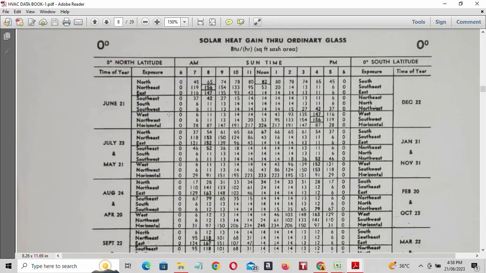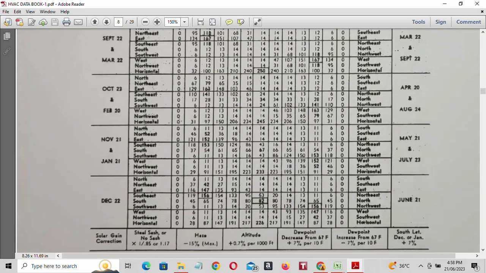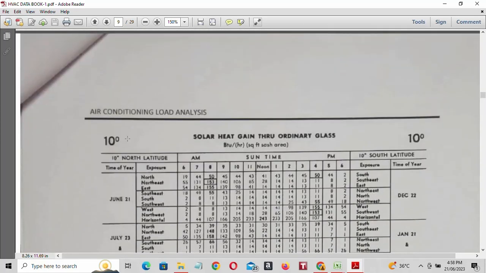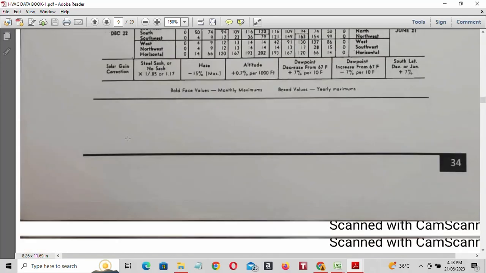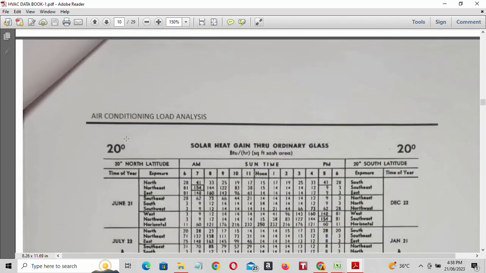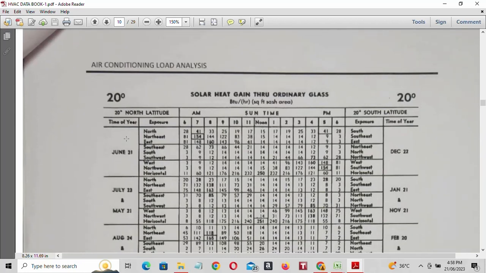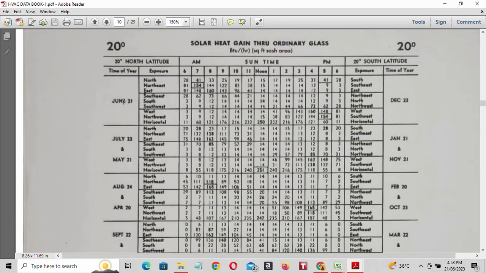Our Bangalore latitude is 12.6, so we have to check for 12.6. Here 0 is there, 10 is there, and 20 is there. 12.6 is not there, so we have to go for the higher value, that is 20. In this 20 north latitude, we have to check the maximum temperature month, between July 23 and May 21.